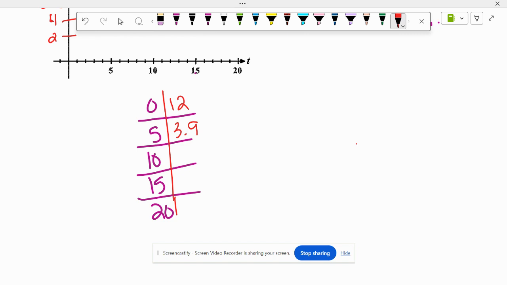Did someone else get 3.9 at 5? Okay, keep going. When X is 10, how much is left? 1.2. When X is 15, how much is left? 0.4. When X is 20, how much is left? 0.1. Just 0.1? Okay, perfect.